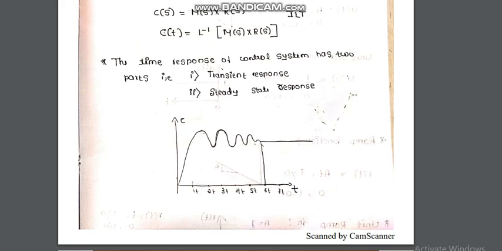But as I showed in the diagram, it is a straight line, but we won't get a straight line practically. There will be small, negligible fluctuations, plus or minus 2% to 5% small variations, and that is called the steady state response.